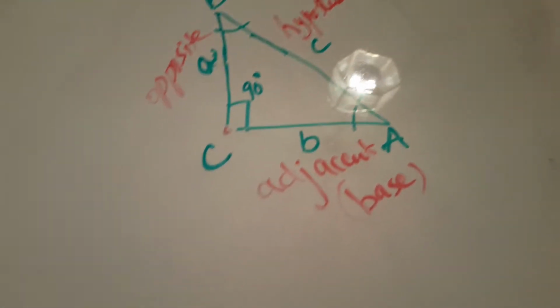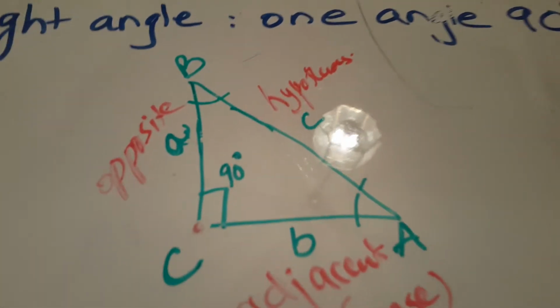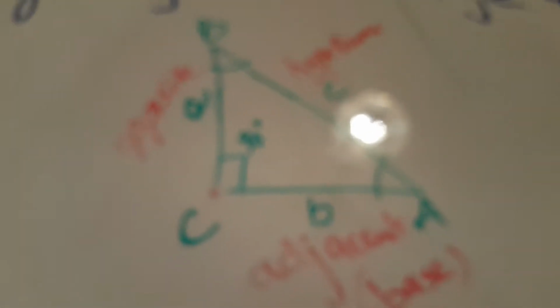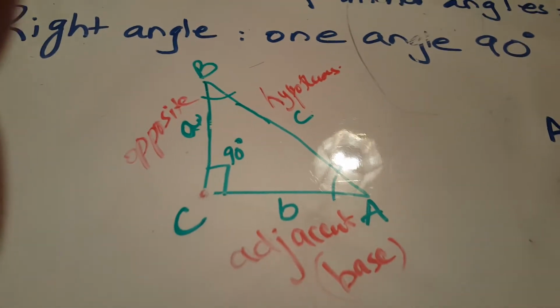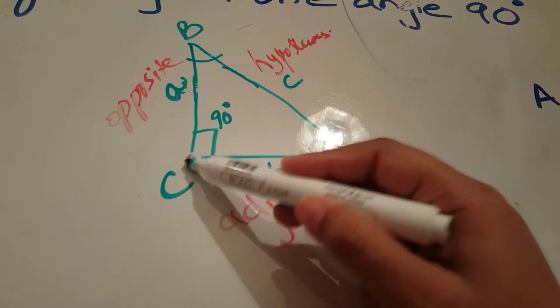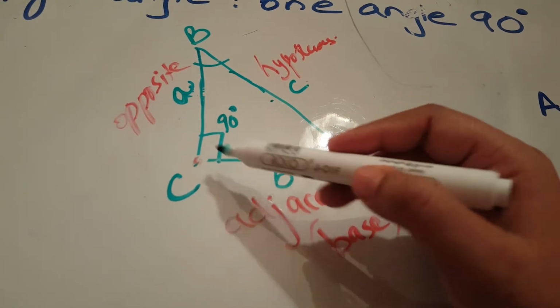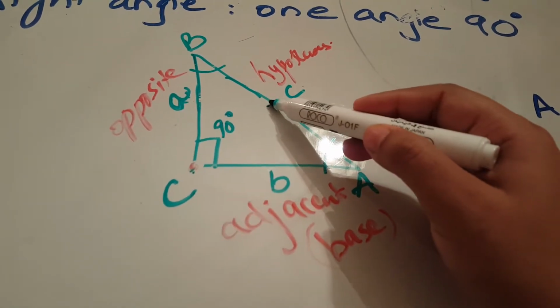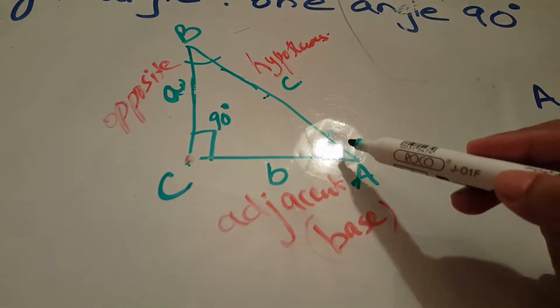So after learning this right angle triangle, whenever you form any kind of a triangle, how are you going to consider which part is the hypotenuse? It's the side opposite the right angle. This is the angle forming, so the opposite side will be your hypotenuse, and it's the longest side also.